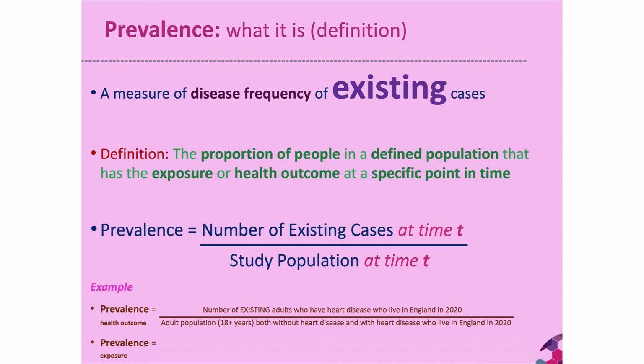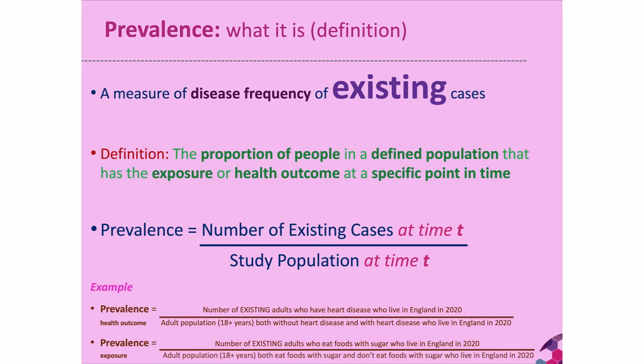And looking at the prevalence of exposures, we would have the number of existing adults who eat foods with sugar who live in England in 2020 divided by the adult population who both eat foods with sugar and don't eat foods with sugar who live in England in 2020.